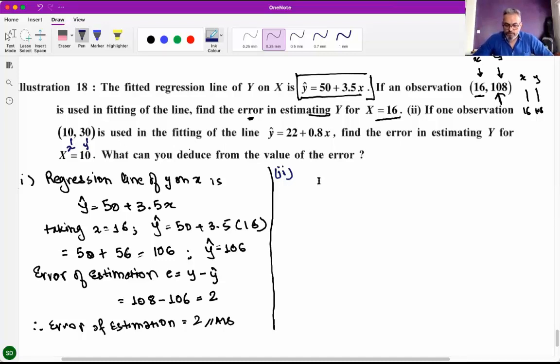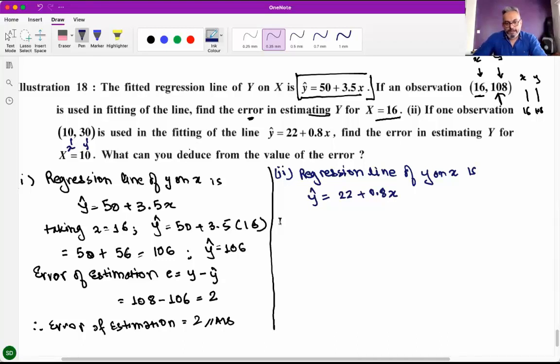So now first let's write the regression line of y on x is y cap is equal to 22 plus 0.8x.